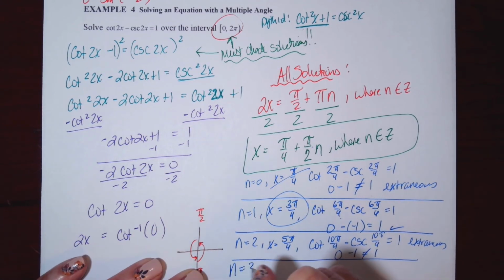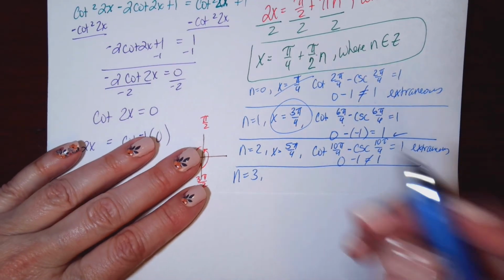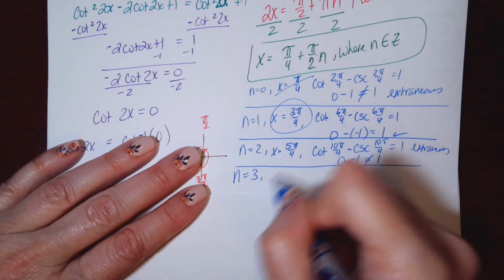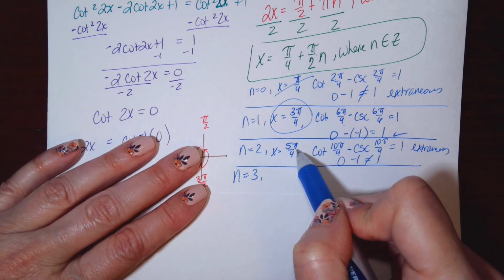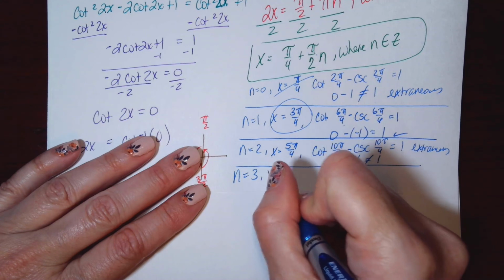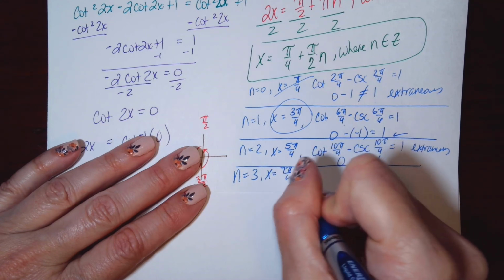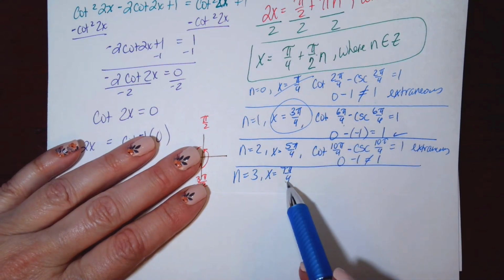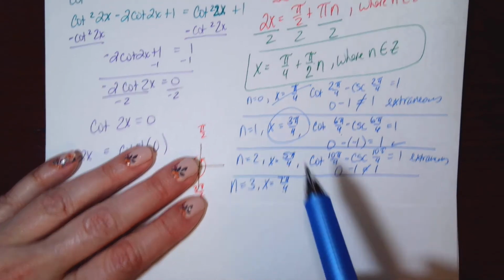What if n equals 3? Well, n equals 3 gets me to take this and add another 2 pi fourths. So that'd be 7 pi fourths. X equals 7 pi fourths. And 7 pi fourths is almost all the way to 2 pi. That's my interval.